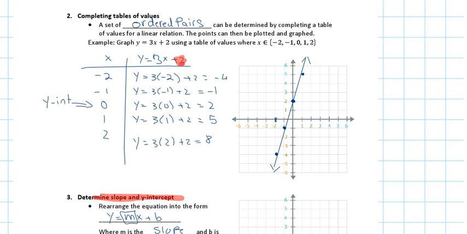Yeah? So without even me doing the math and plugging 0 for x, when it's in this format, I can right away say that 2 is my y-intercept. Okay? Because that number that comes after the x term is my y-intercept. So, b is the y-intercept.